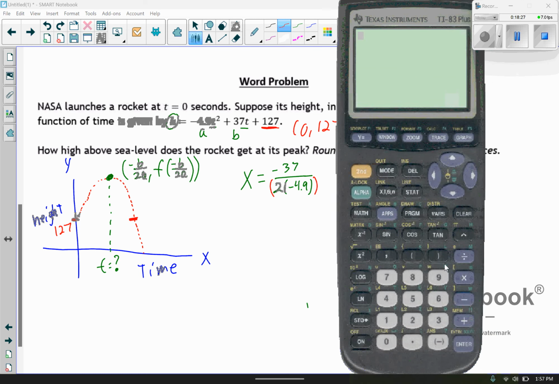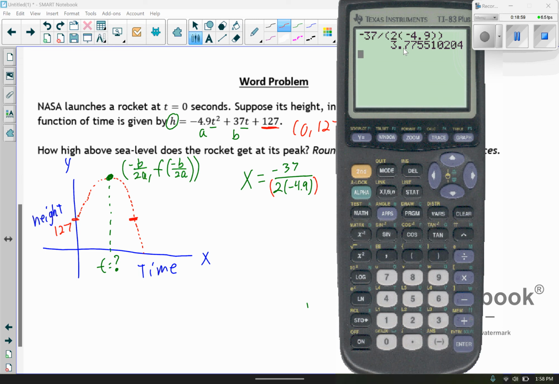I need to put in negative 37 divided by, now I have to open a parentheses, 2, you can press times or create another parentheses, negative 4.9, close it. If I didn't put that extra parentheses, it would only divide by 2, and then multiply by negative 4.9, and that would be incorrect. I'll show you that in a second. So here, this is correct.